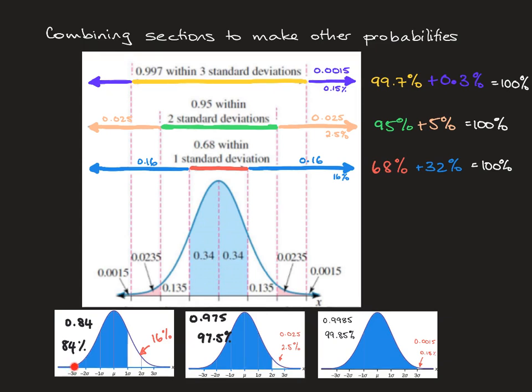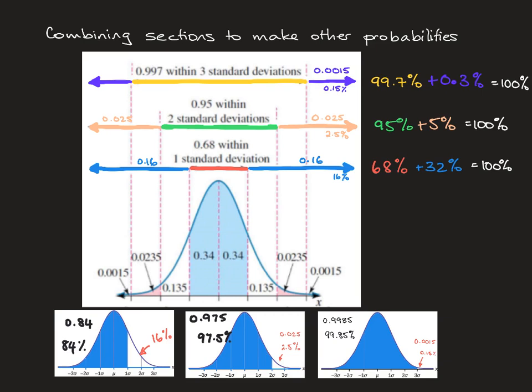So if we start from the smallest value and we come up to 1 standard deviation above the mean, this blue section contains 84%, or the probability that the x value is in there is 0.84. If you come up to 2 standard deviations above, we've got our 2.5% left over here, which means that this side must be 100% minus the 2.5, which gives us 97.5% on this side.